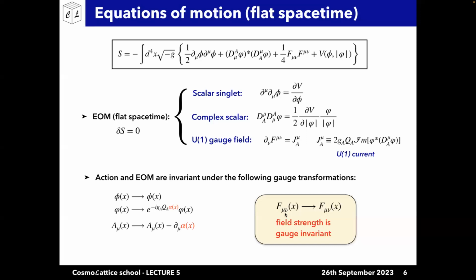So when we obtain observables for the gauge field, we will always build them in terms of gauge invariant quantities. In CosmoLattice, we do not plot the evolution of a particular gauge field component because this means nothing; it is gauge dependent. What we plot, for example, is the average of the electric field and the average of the magnetic field.